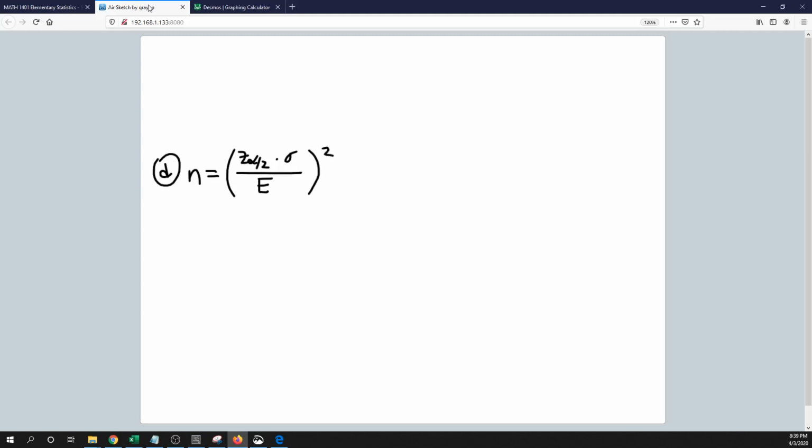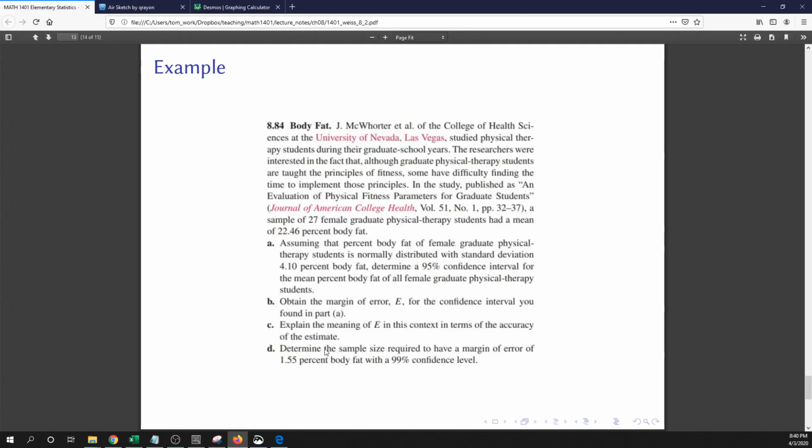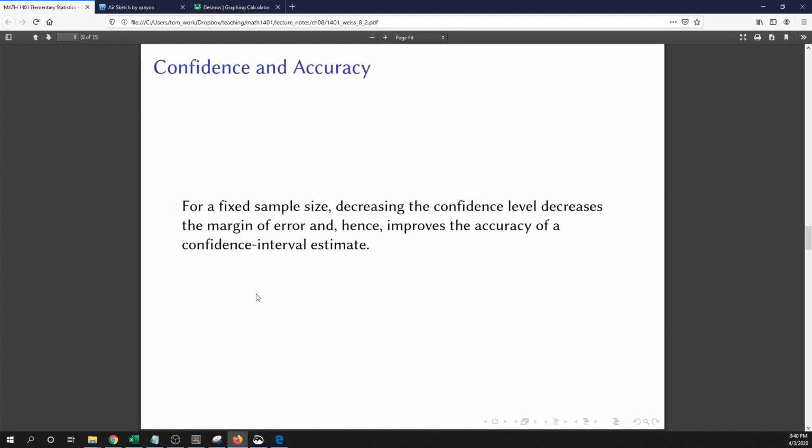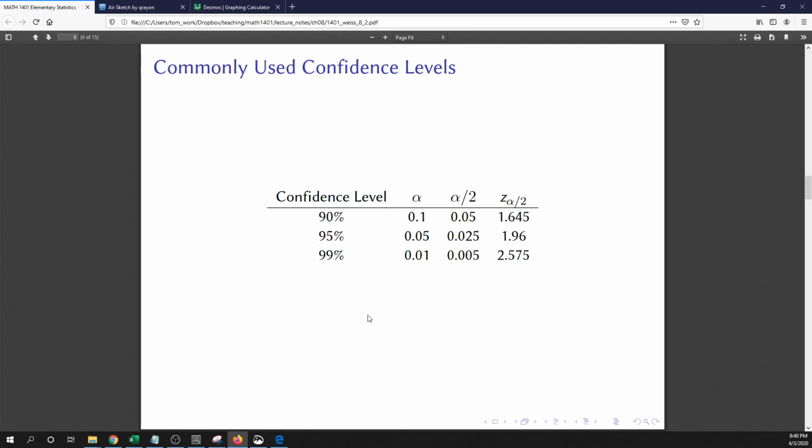To figure out z of alpha over 2, they say a 99% confidence level, so we look that up in the chart, and it's 2.575.